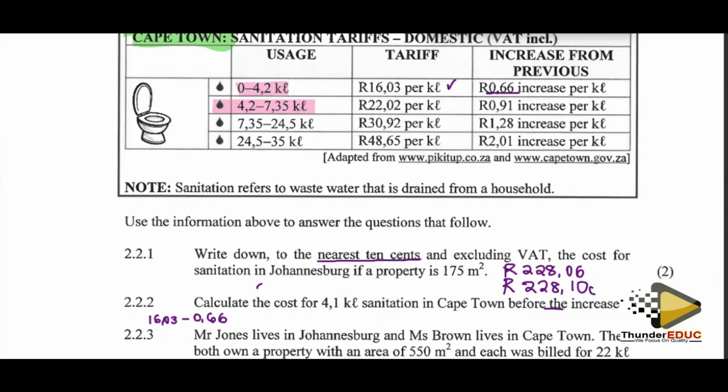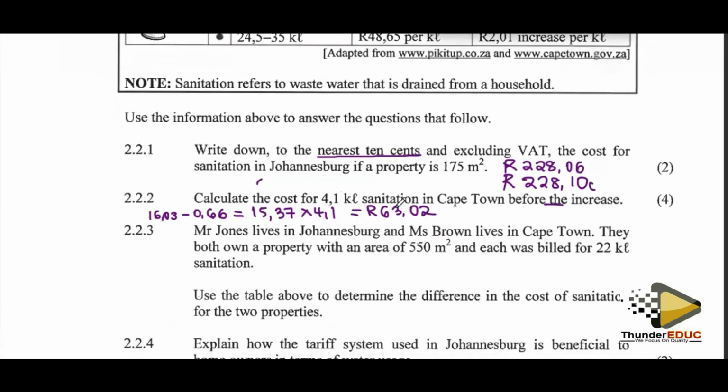So before the increment, a kiloliter was 15 rands 37 cents. So how much is 4.1? It was 63 rands 2 cents before the increment.